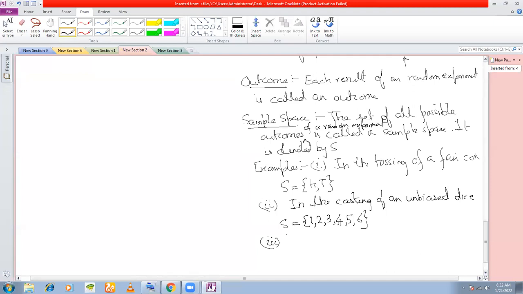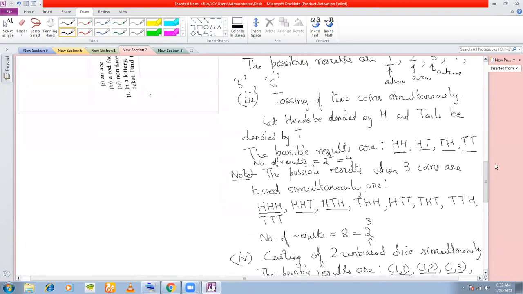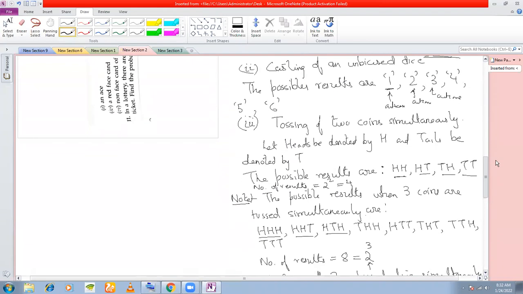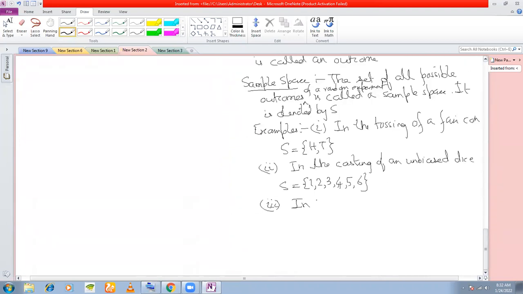The third example, a tossing of two coins simultaneously. What is the set S?